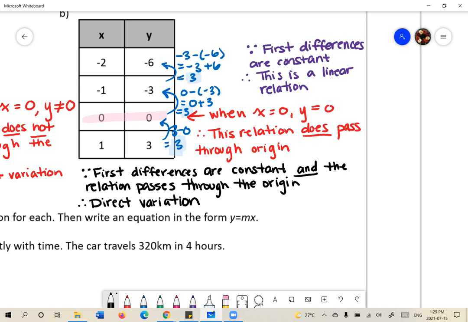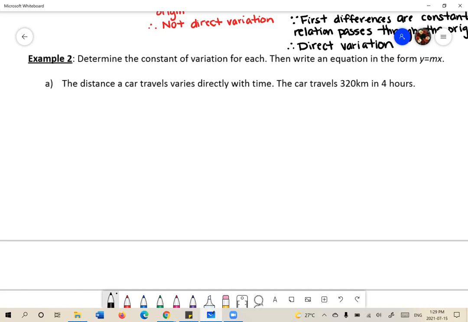Okay, so in order for it to be direct, it has to pass through the origin and the relation must be linear. Example 2. Determine the constant of variation.